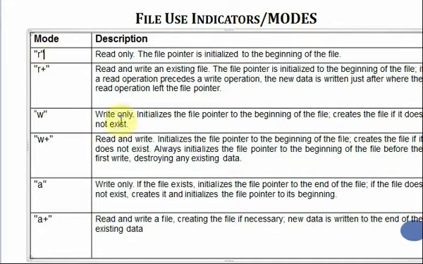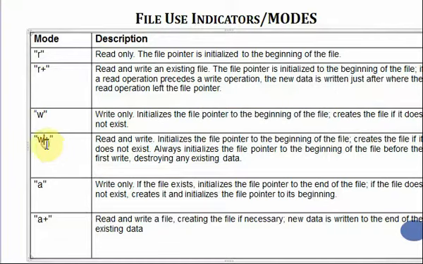But in write mode, or write only, you are trying to open a file to write something on it. Again the pointer will be pointing to the beginning of the file. If the file does not exist, it is not going to give you an error, but it is going to create the file.